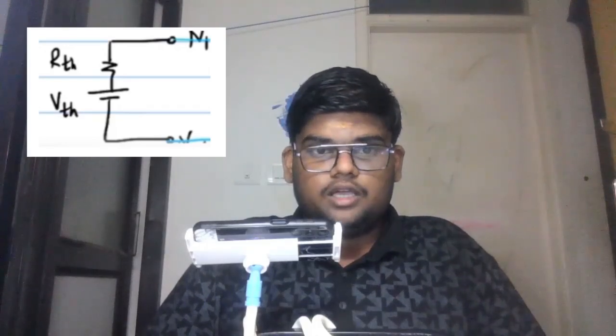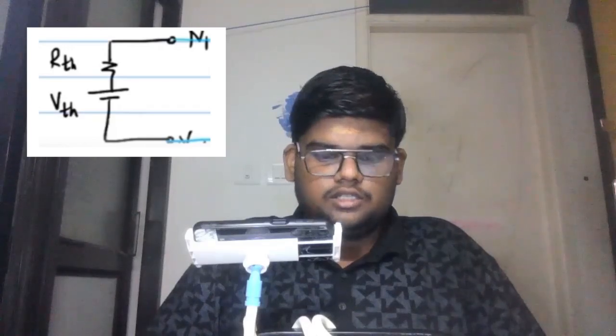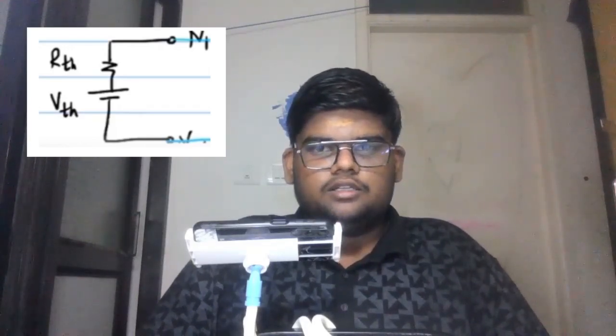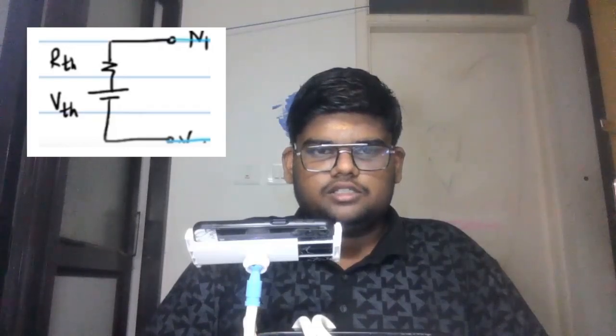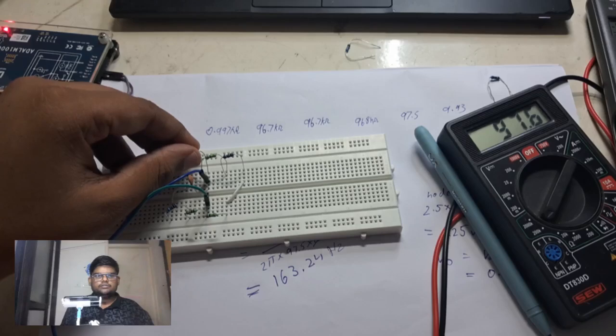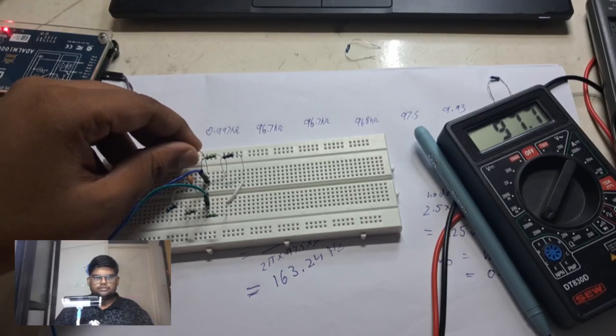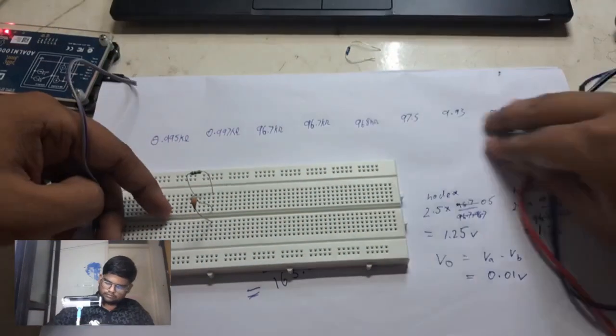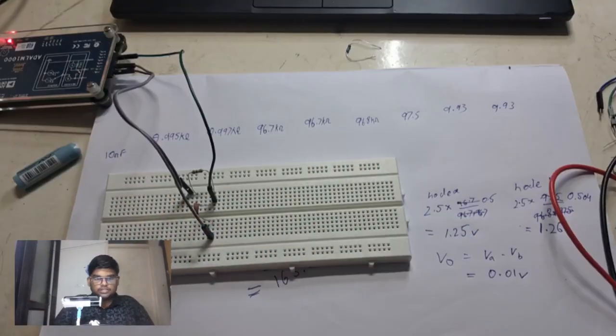As the equivalent resistance is 97.5 kilo ohm as measured before, the Thevenin resistance is also 97.5 kilo ohm. I am going to build the Thevenin equivalent circuit. This is the Thevenin equivalent circuit I have built with a 10 kilo ohm resistor in series with a 10 nanofarad capacitor as the load.